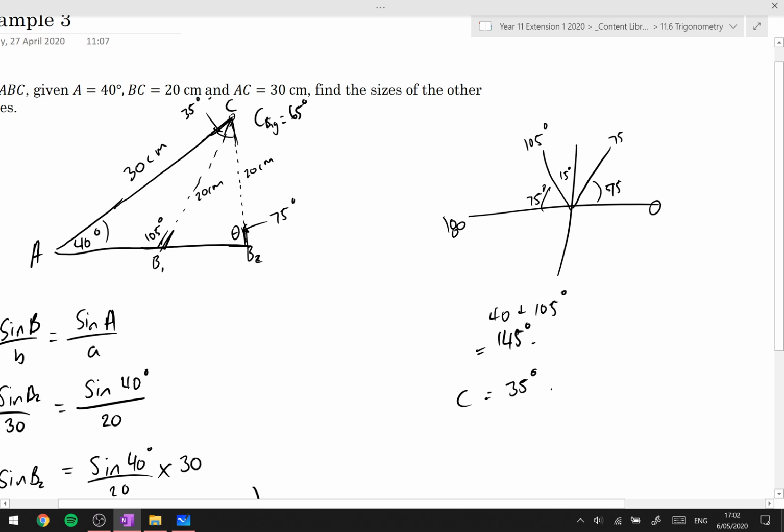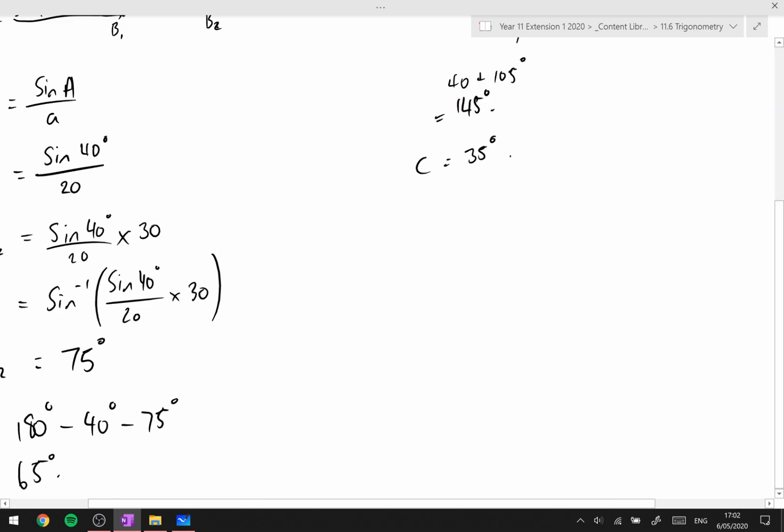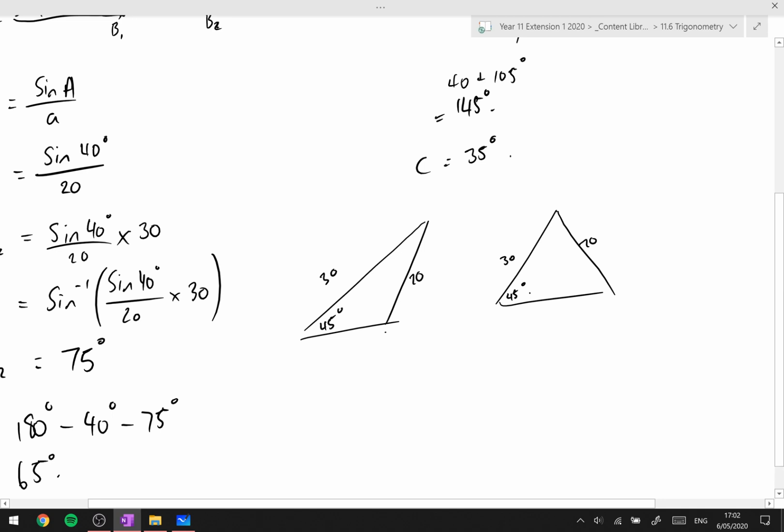So basically there are two possible triangles for me to draw: one that has 20, 30, 45, and another one that looks a bit more like this that has 30, 20, 45. I've got two triangles that I can draw from this situation, so I need to find what both B and C are in both of these cases.